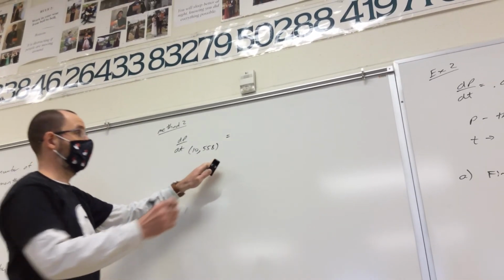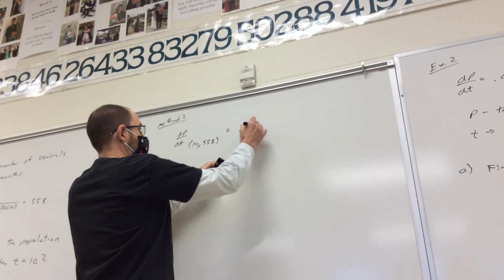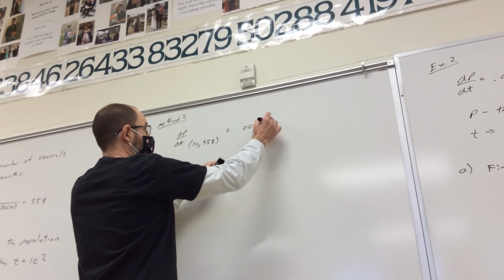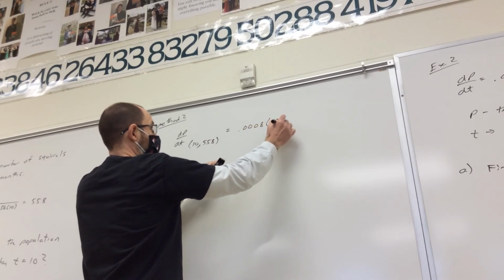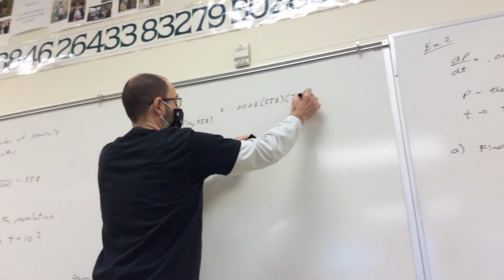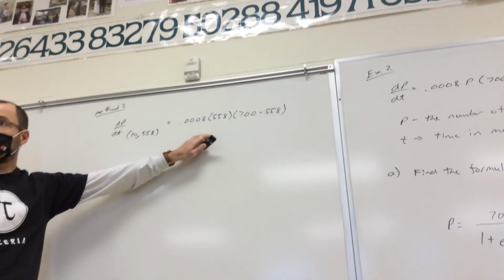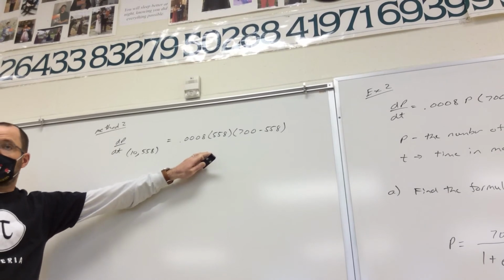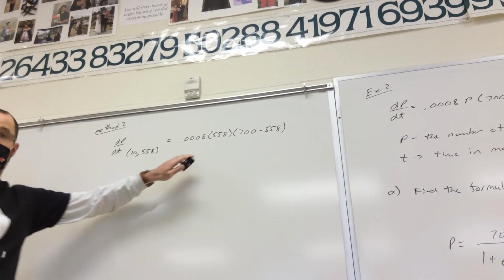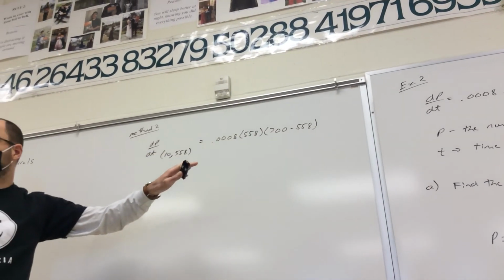So that would be 0.0008 times 558 times 700 minus 558. So that's the other way to get the 63.488.